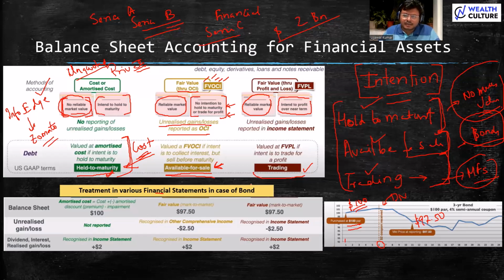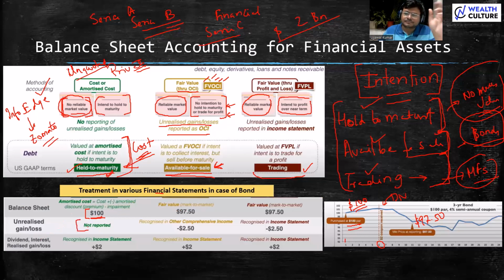So if we had classified this bond as held to maturity, on the balance sheet we would put that value as $100, because that's our cost. Even though the fair value in the market is 97.5, on my balance sheet I will show it as 100 only, because I have to put it on cost basis.